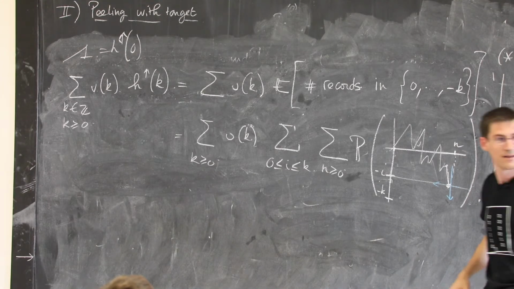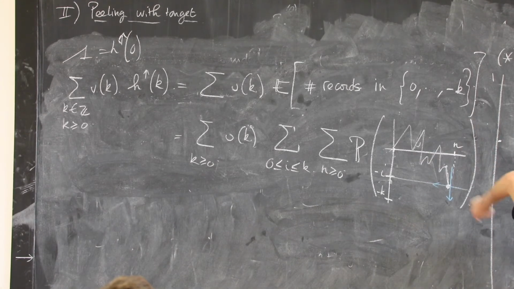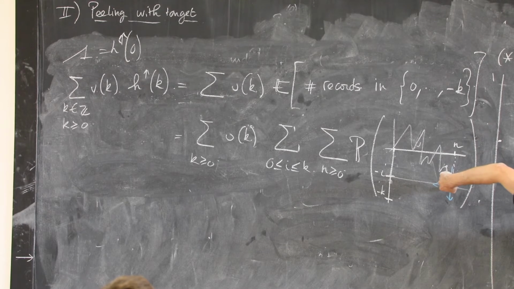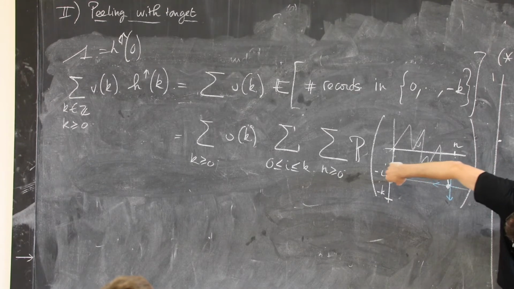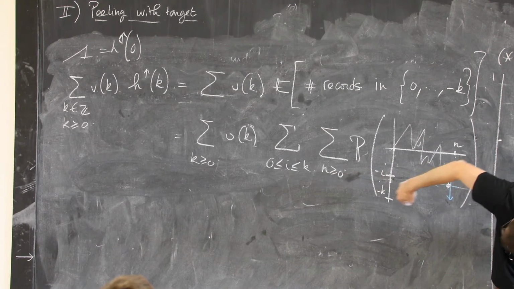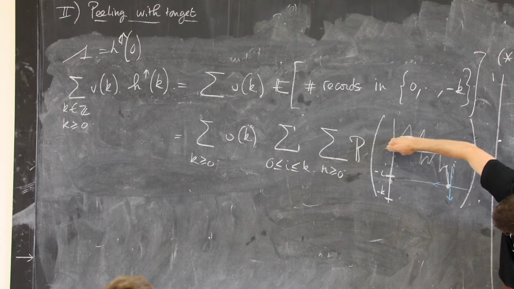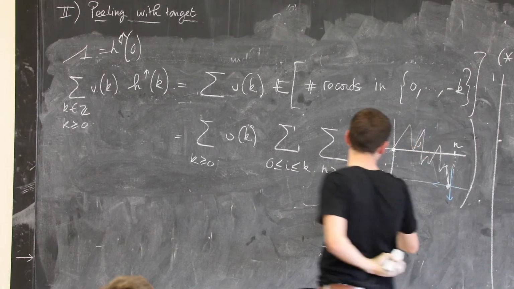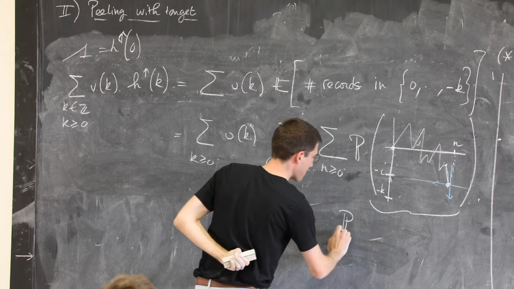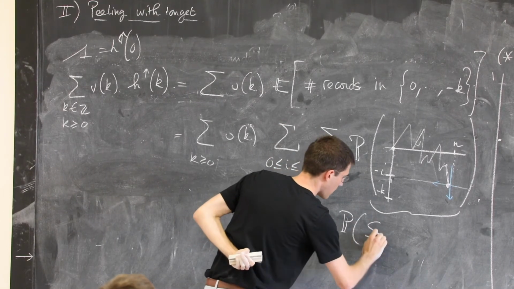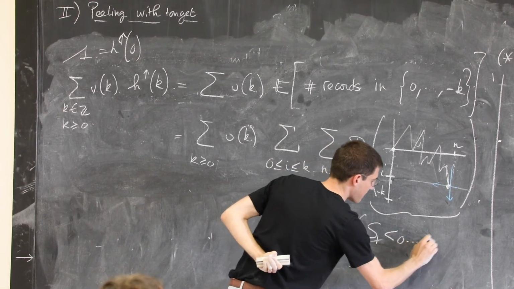All right? So let's do like this. What do we see for the walk? The walk starts here, stays strictly negative, and ends up at minus I. So that's the probability that my walk is strictly negative.